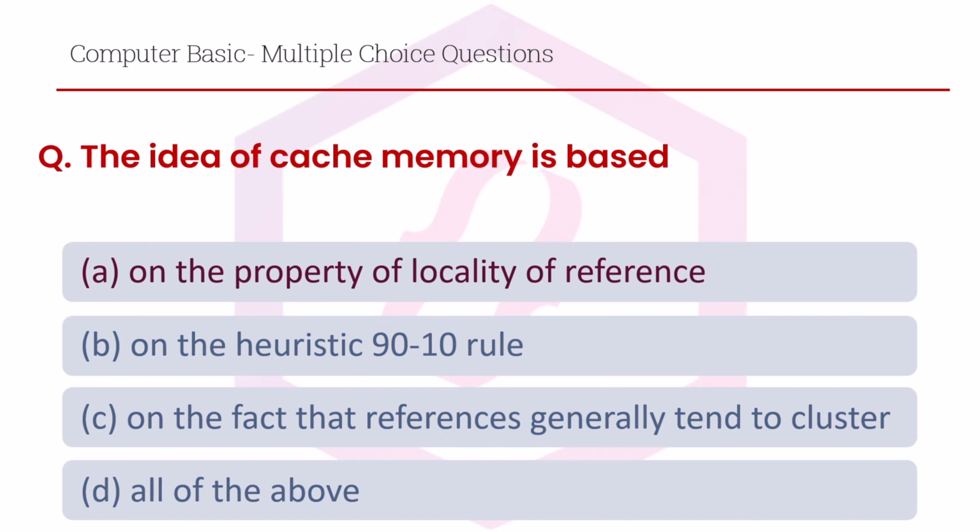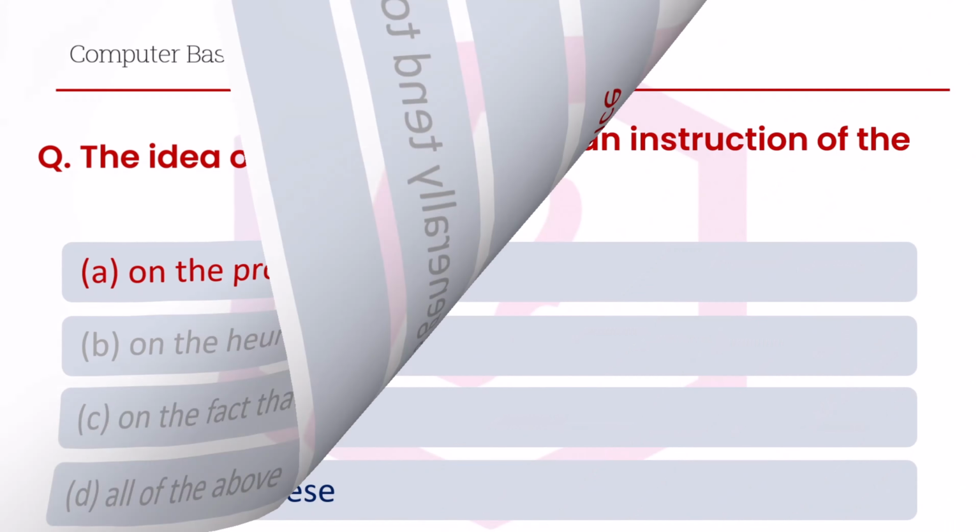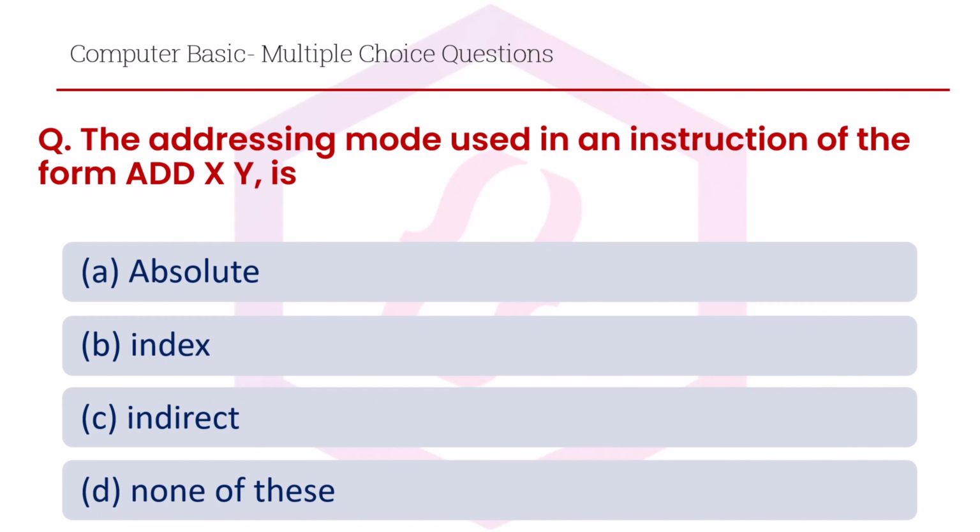And the correct answer is on the property of locality of reference. The addressing mode used in an instruction of the form add X Y is absolute, index, indirect, none of these. And the correct answer is index.